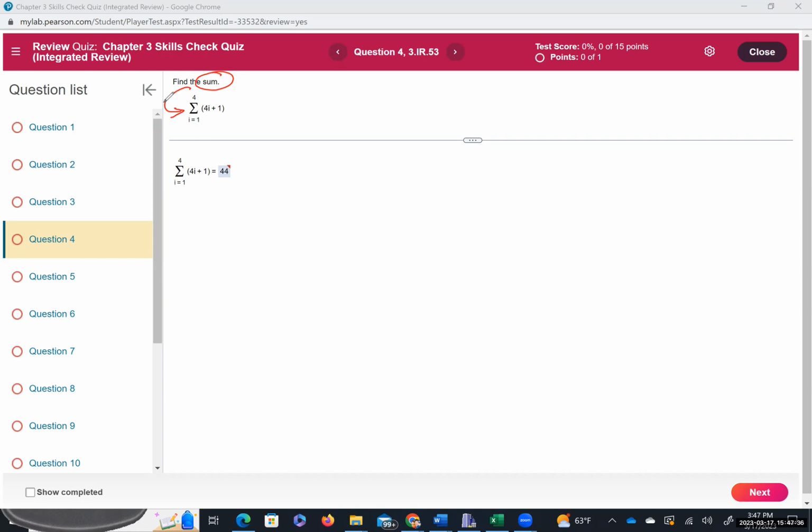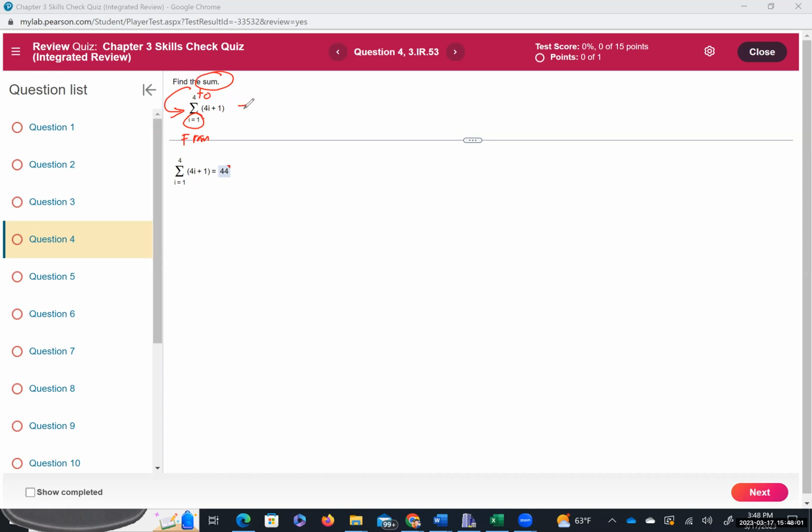The bottom index means where it starts from, and the top index here is 4. So it means you sum the sequence here with i from 1 up to 4.